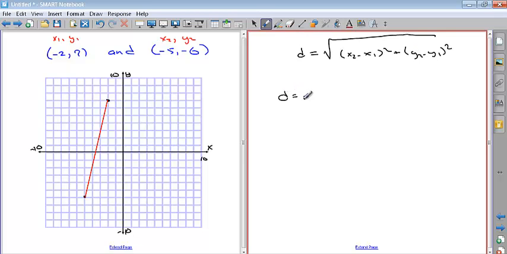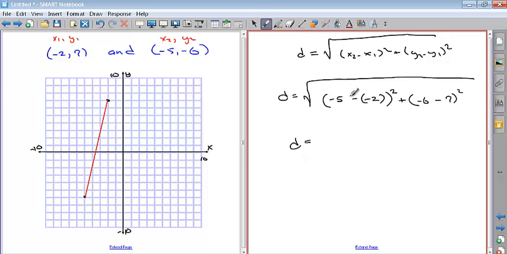Then we make sure we plug those in. x2 is -5 minus x1, which is -2. Square that. Take y2, which is -6, and subtract y1, which is +7.